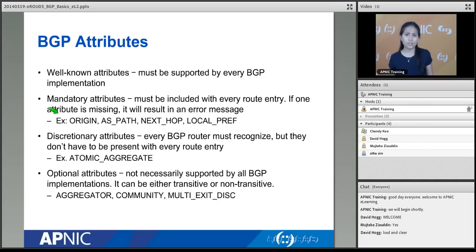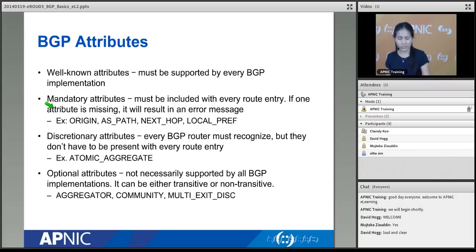If you want your traffic to prefer a certain exit point, maybe you have 2 upstreams, but you want a more reliable connection using provider D. So you want most of your traffic to go there, so you can set values for local prefs. Again, this is only distributed inside of an AS, not outside.